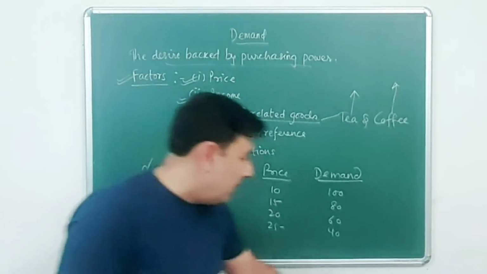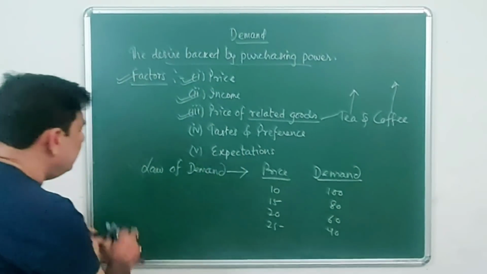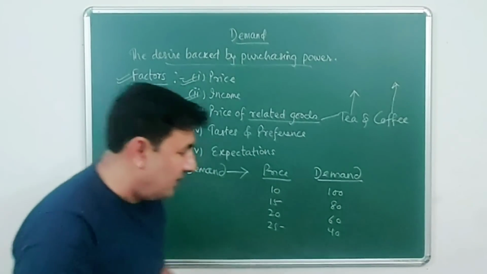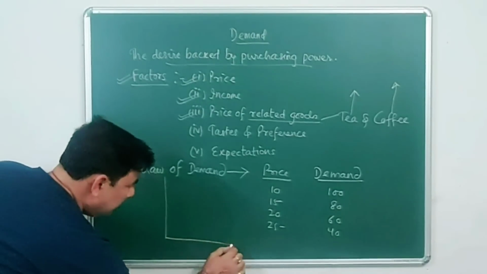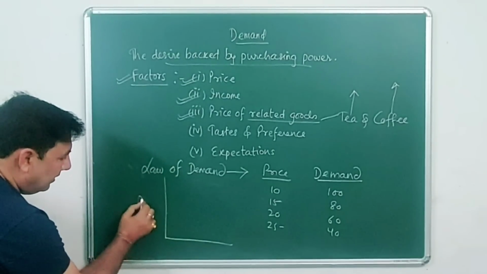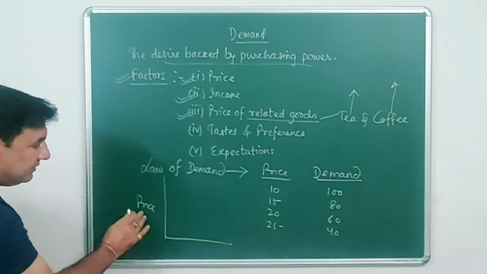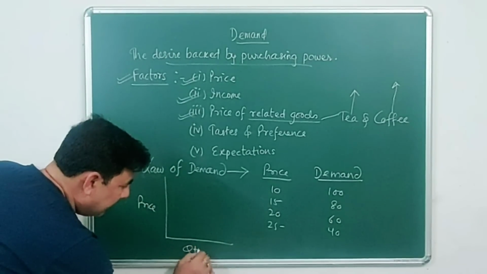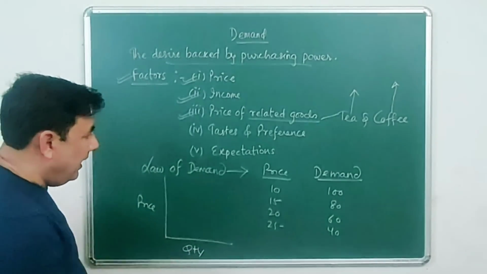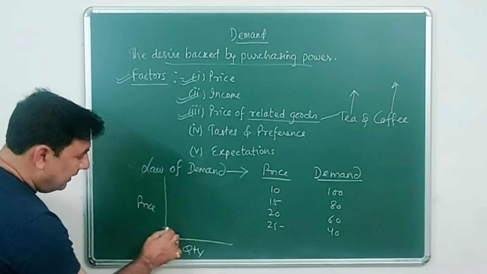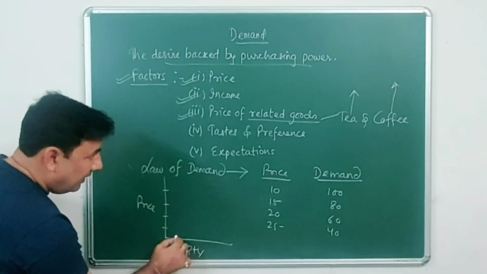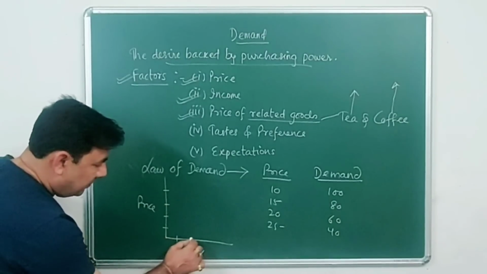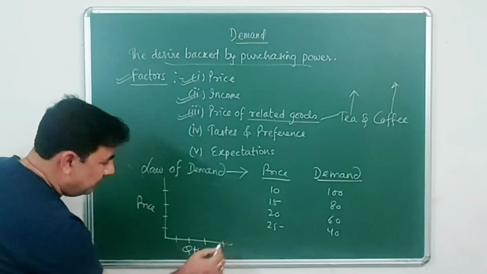This is called a schedule, and from this we can draw the demand curve. So the demand curve is something like this, right? And always the y-axis is the price and this is the quantity demanded. When you plot this, suppose this is 10, 15, 20 and 25, and this is 40, 60, 80, and 100.